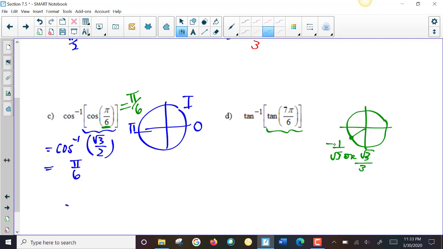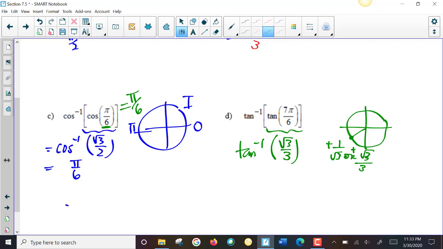And in that quadrant, tangent is positive, yes. So it doesn't matter which version you use. Then we say, what's the inverse tangent of square root of 3 over 3?